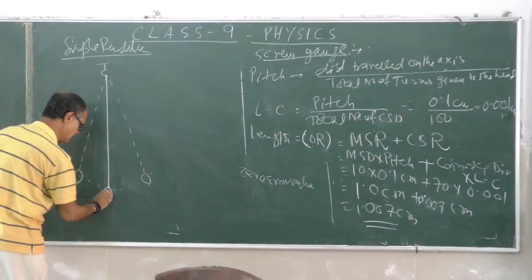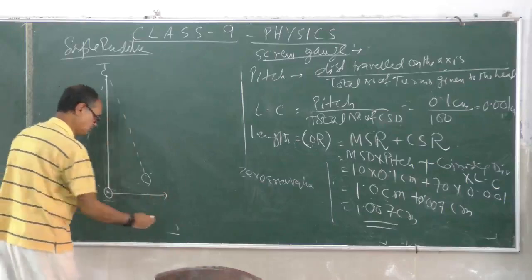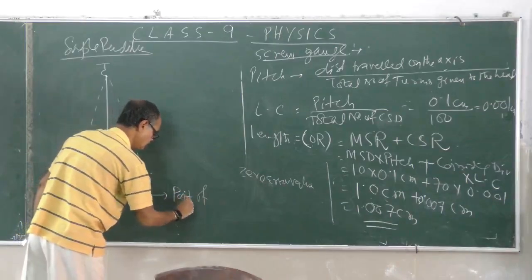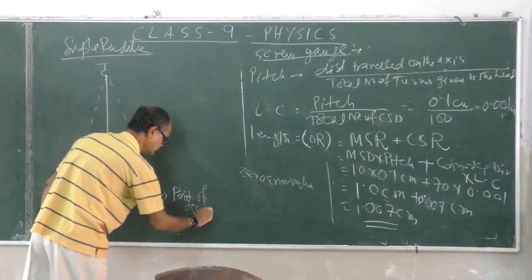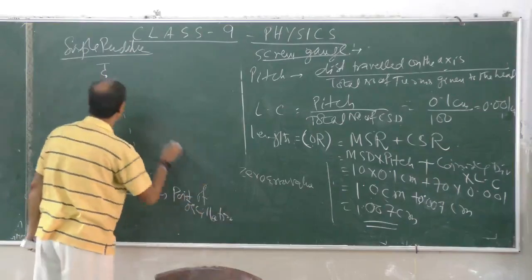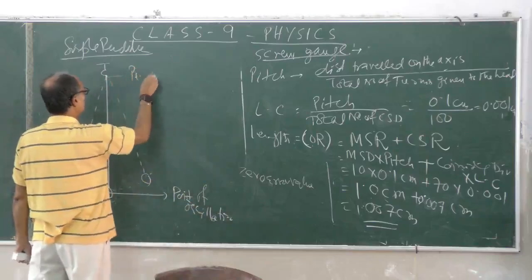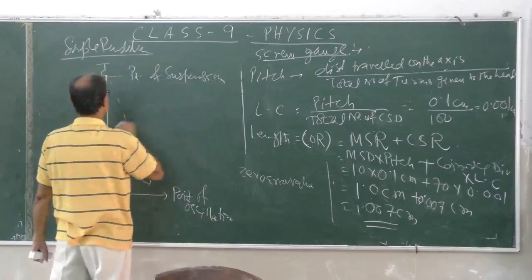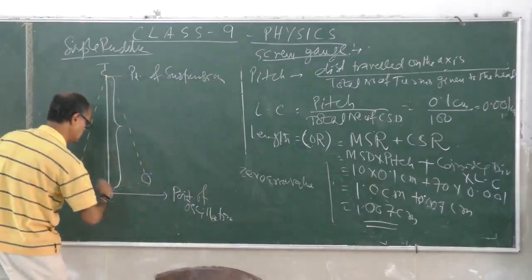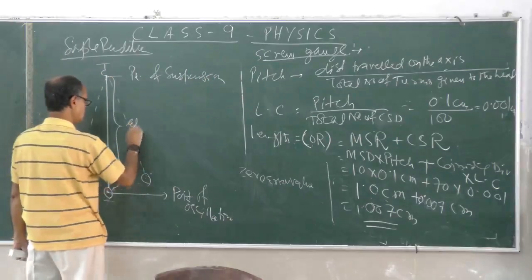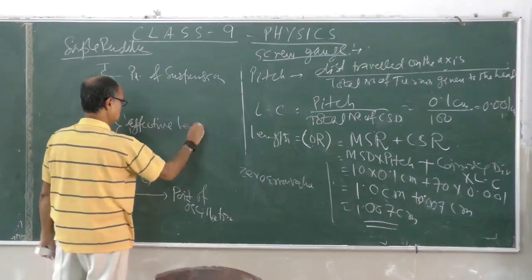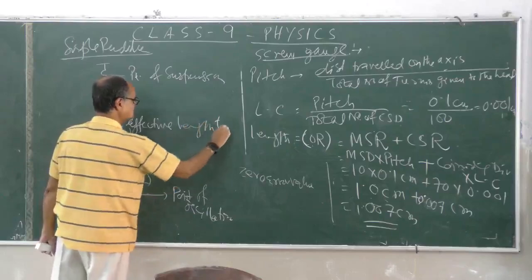The center of gravity of this bob is called the point of oscillation. This is called the point of suspension. The distance between these two is called the effective length. These three things are important, and the length is denoted by a small letter l.